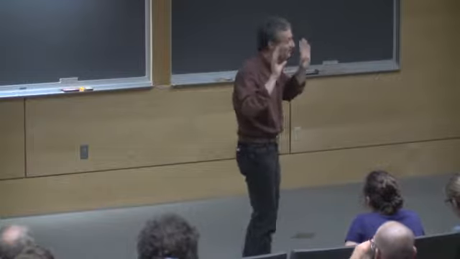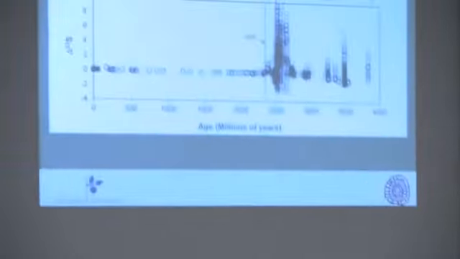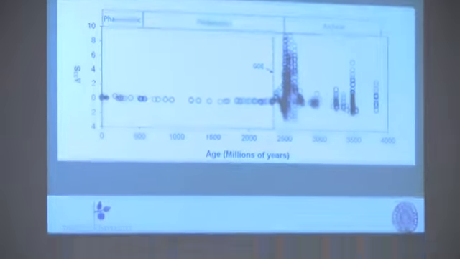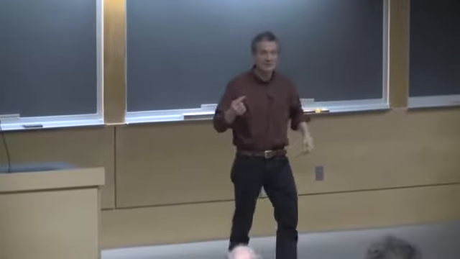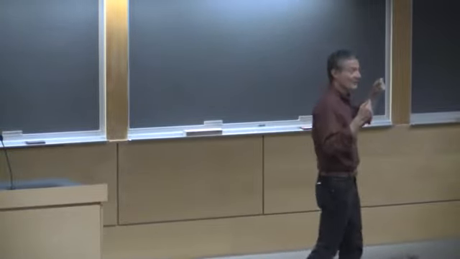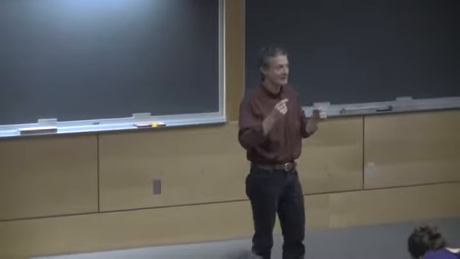And when it's predictable, you get a flat line like we have here on the left. When it's not predictable, we get all the jumpy stuff that we have on the right. That's called mass independent isotope behavior. So before about 2.4 billion years ago, sulfur isotopes had mass independent behavior.